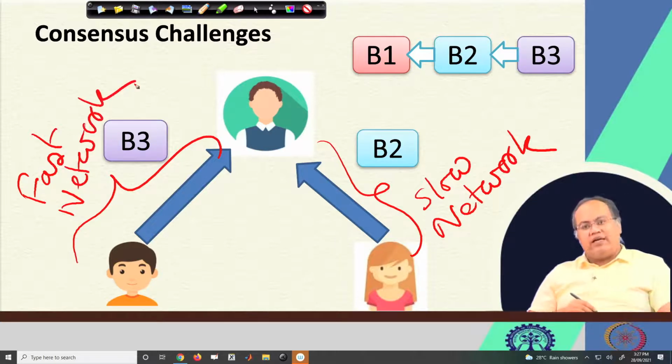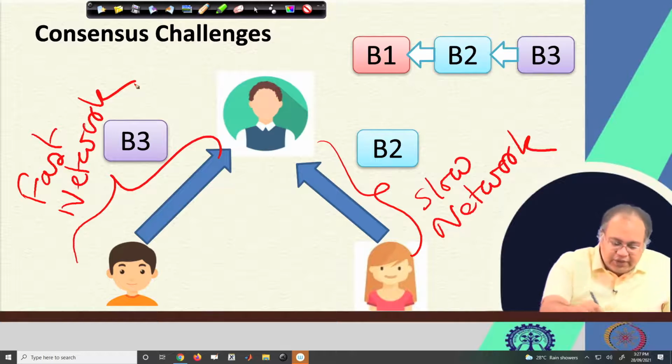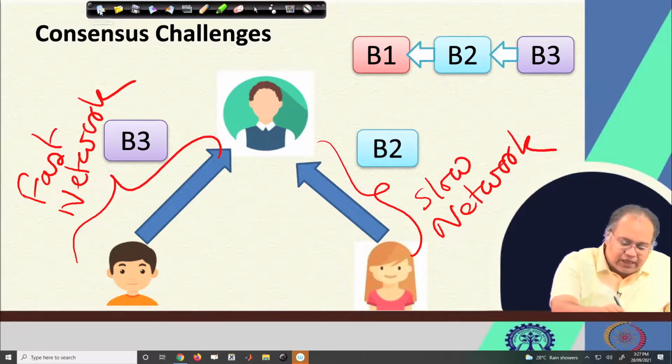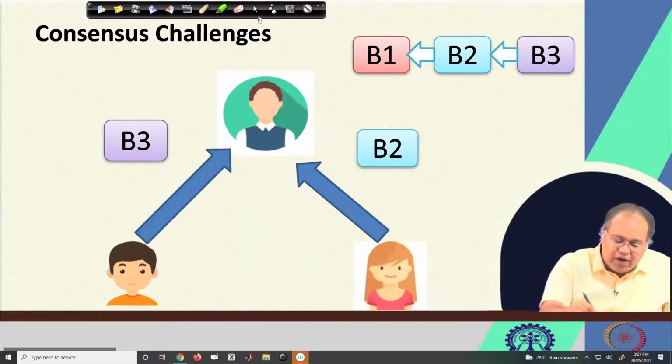Because of that, the node has received B3 first followed by B2. Because that can always happen in a network, I need a mechanism to understand which block has been generated first and which later. Such out of order messages I should incorporate while designing the underlying communication protocol or rather the underlying distributed system architecture.